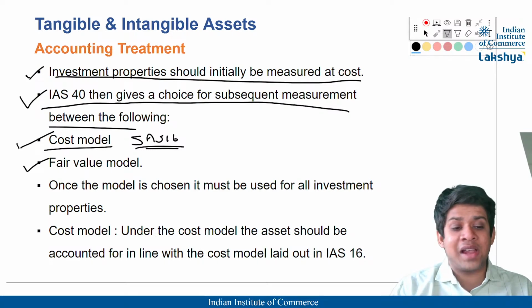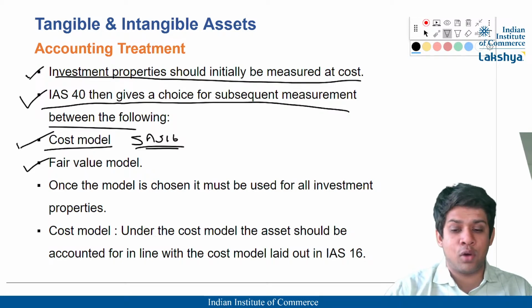Because that is the maximum recovery that I can have from my asset through its intended sale or its value in use. Technically I'm not getting into the details of impairment right now because that is not covered for this YouTube revision session. If you would want to understand that, you can join IIC Lakshya for financial reporting. Now the cost model is the same as the one covered under International Accounting Standard 16.